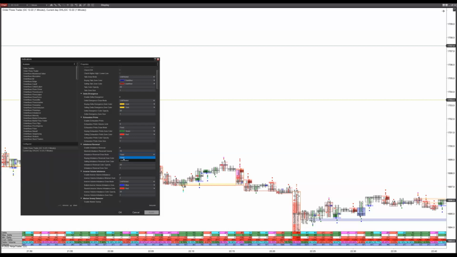Instead, for bullish and bearish imbalance reversals, it will draw a box, either light green or red. For a selling imbalance reversal, it's going to draw down a red candle at the top two prices. On a bullish one, it's going to draw it on the bottom two.